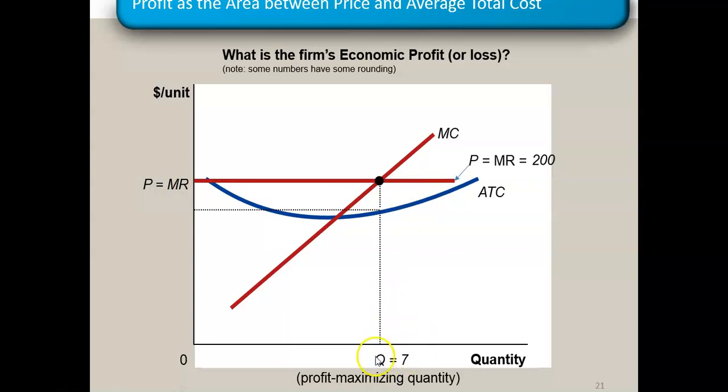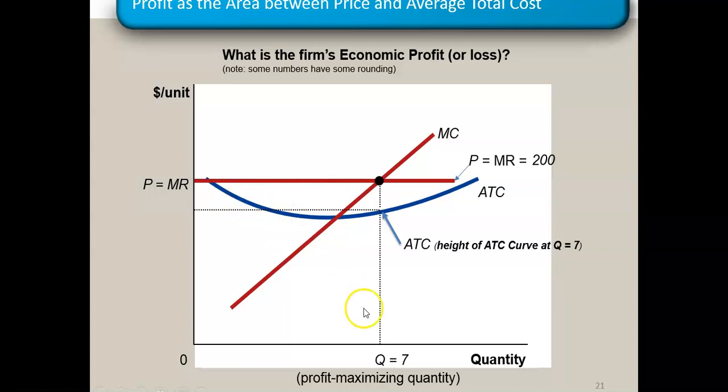If the quantity I'm producing is 7, then everything I care about is where each of these lines intersects that quantity. I'm looking up from there to say, okay, I know my price is 200, no matter what the quantity was.